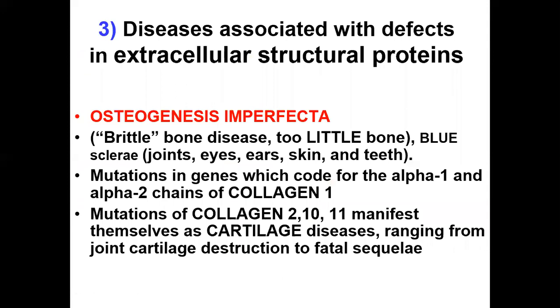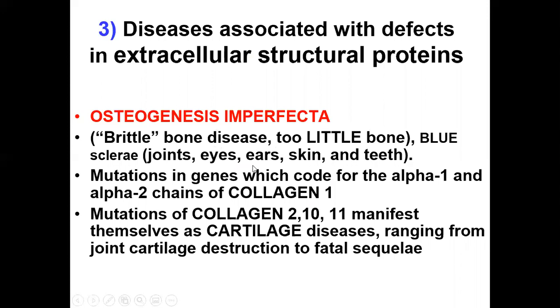So then congenital diseases which result from defects in extracellular structural proteins, that is collagen type 1, that is osteogenesis imperfecta. Brittle bone disease or too little bone disease.